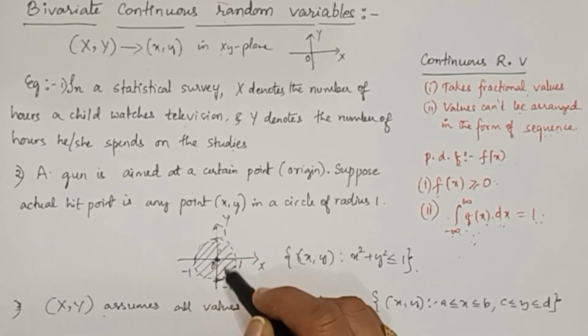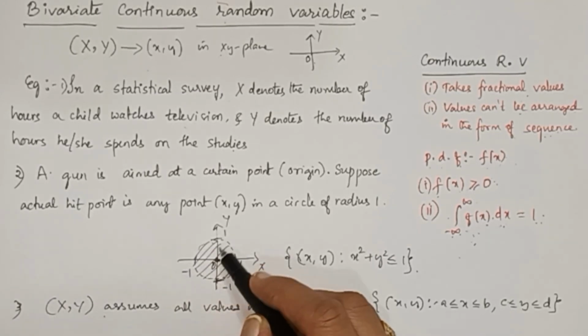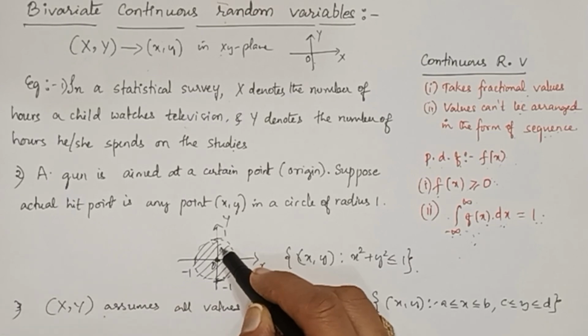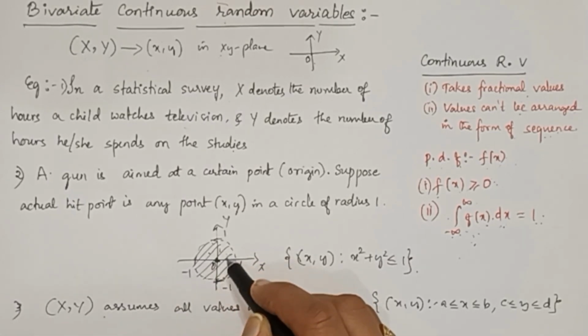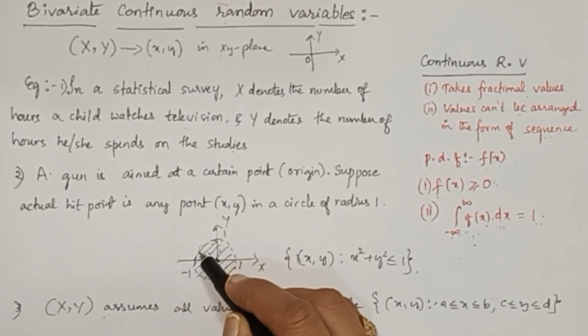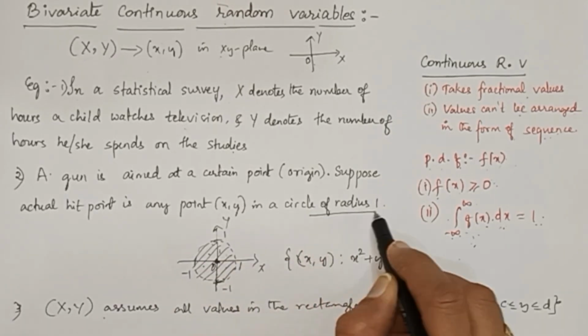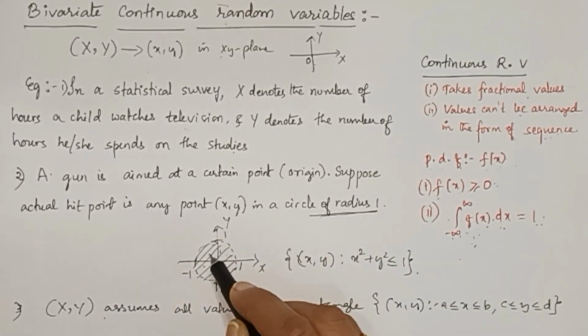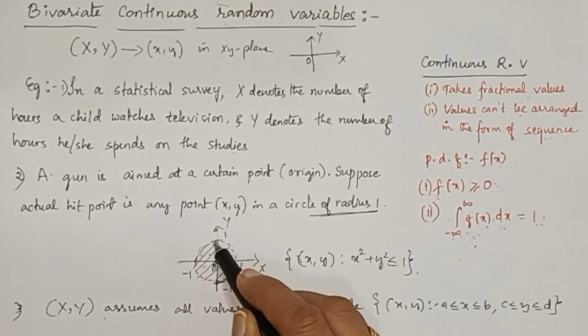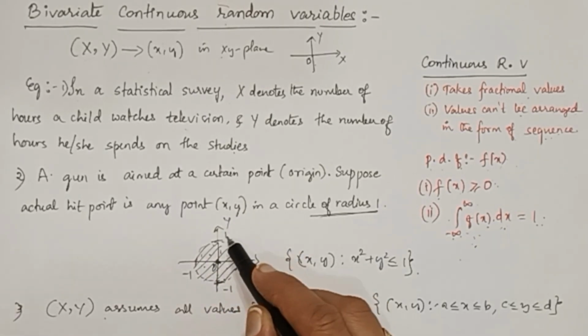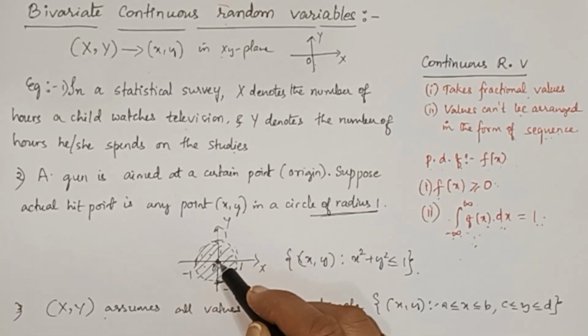So what we take is the possibilities. The actual hit point can be anywhere, maybe here, here, here. Anywhere within, we will take a range for that. The range is nothing but a circle of radius 1. It may be somewhere over here, not far away from this. That's why I have taken a circle of radius 1.